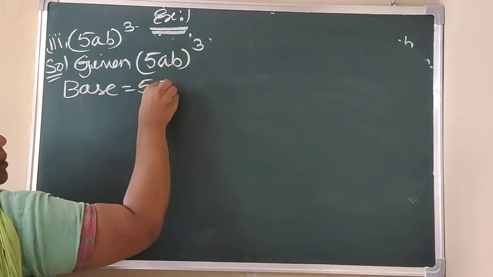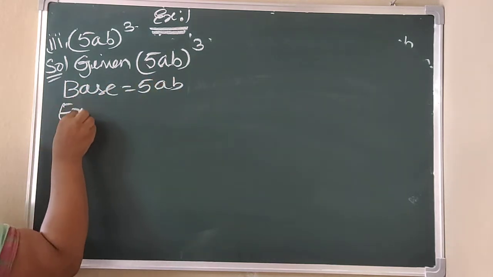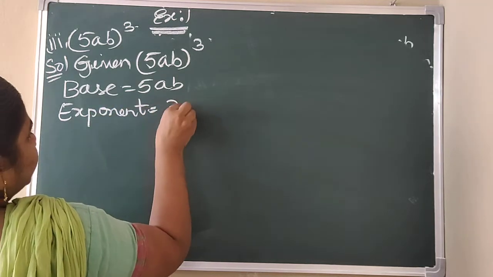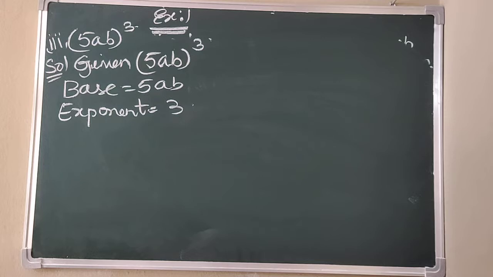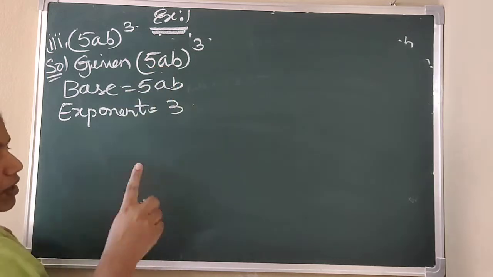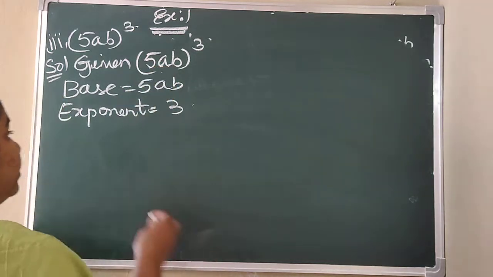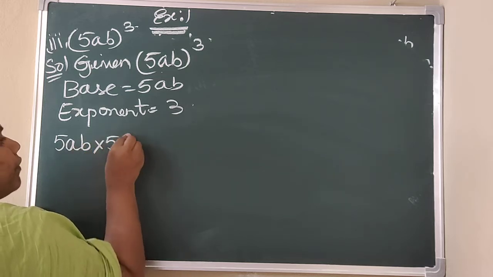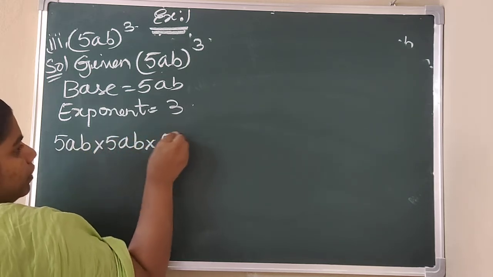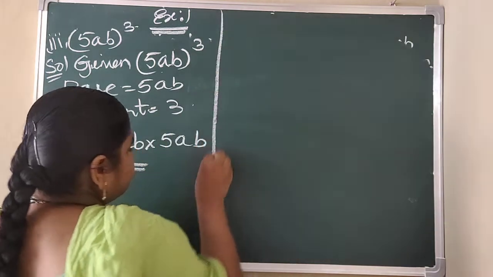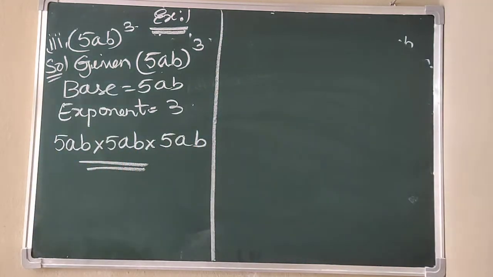Base is 5ab. And what is the exponent? Exponent is 3. Now we have to write in the form of expanded form. So here 5ab we have to multiply how many times? 3 times. So that is 5ab into 5ab into 5ab. So this is our expanded form. Okay, so this is our third question.